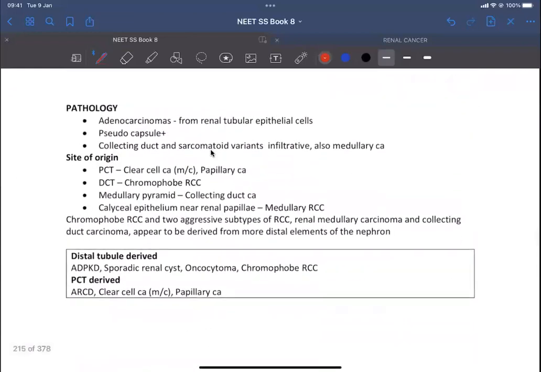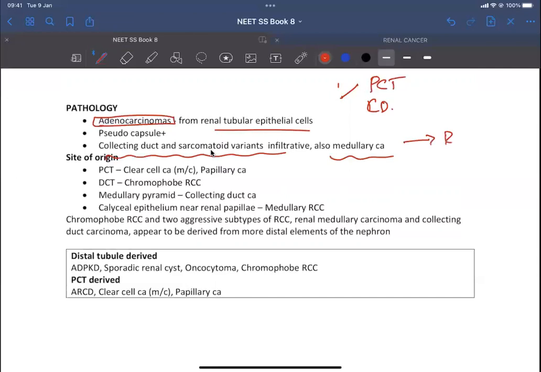The pathology, all of these are adenocarcinomas that arise from the tubular epithelial cells, be it from proximal convoluted cells or from the collecting duct cells. You do get collecting duct and sarcomatoid variants and medullary variants. These are very rare, and these are highly aggressive. And some of these can respond to traditional chemotherapy.